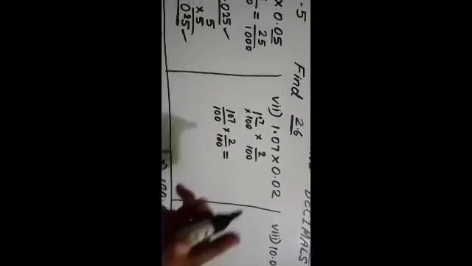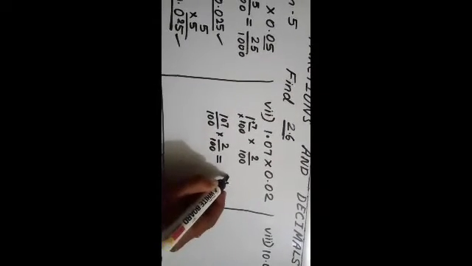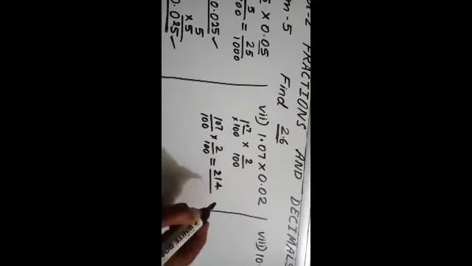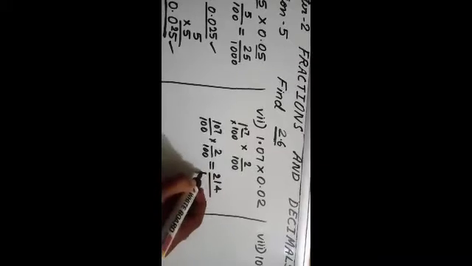Now as we know, in multiplication of fractions, product of numerators, 2 sevens are 14. Here 0 is there, so I can write directly 2 ones are 2, 214. 100 hundreds are, you will get 10,000.